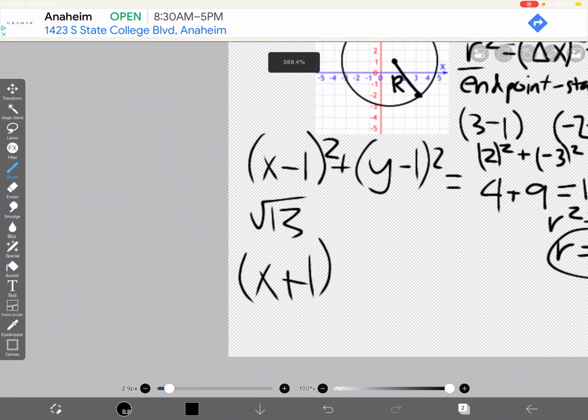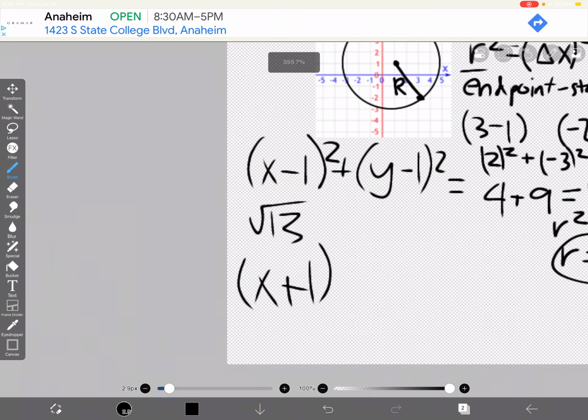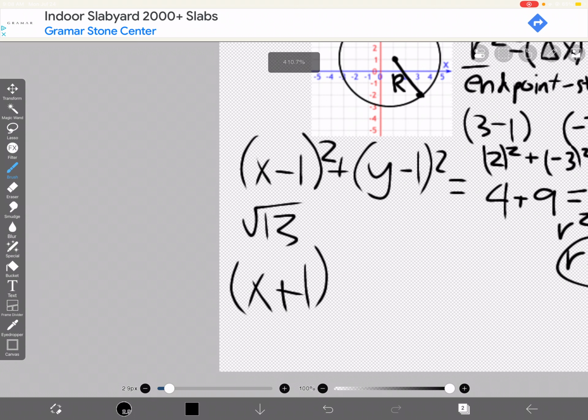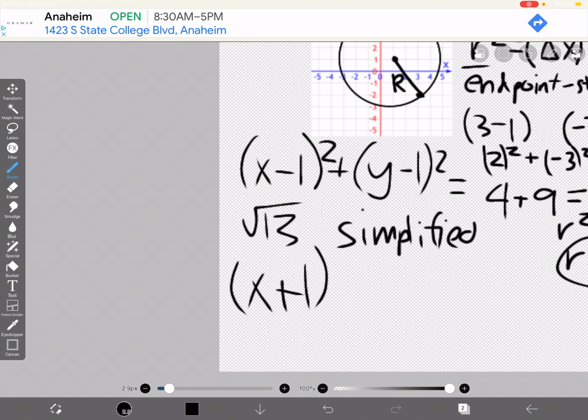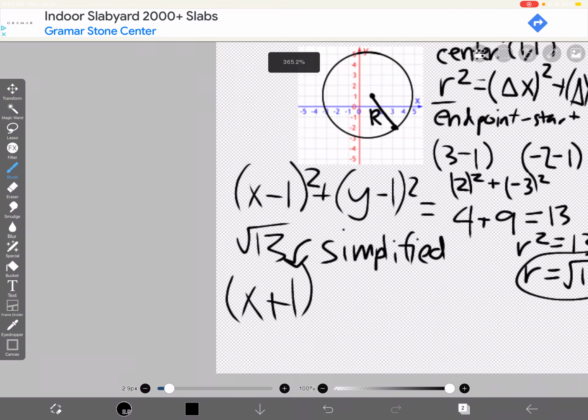Another way to simplify this is by adding it. So it would be x plus 1.